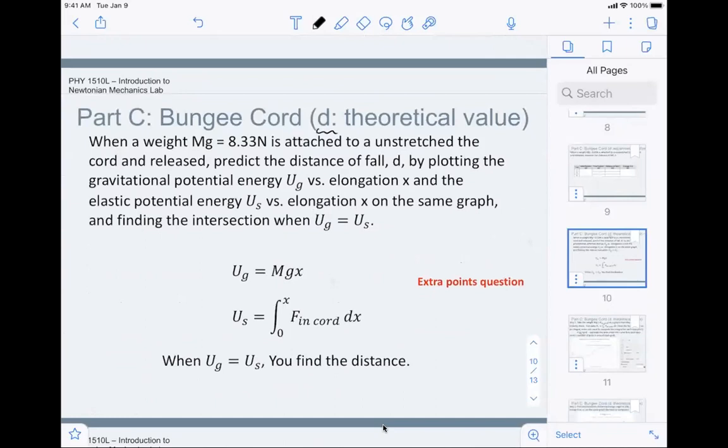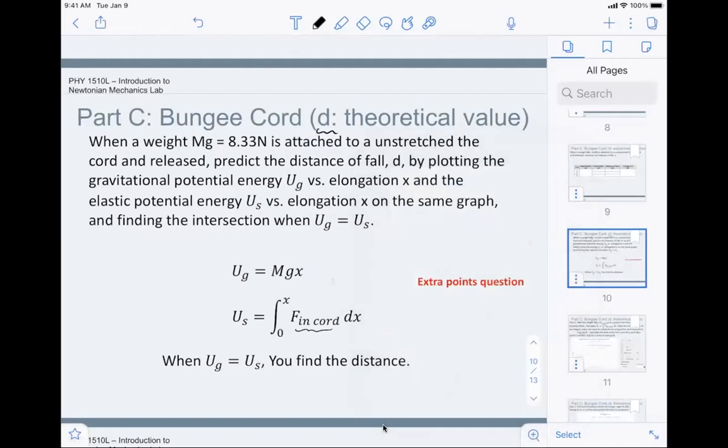You might wonder, what's the big deal about this? Didn't we find the distance D theoretically with the spring? We should be able to do the same thing for the bungee cord, right? Yes, the method is the same. The only part that makes it more complicated now is the force is not a clean linear relationship. Now remember, what did we do previously?